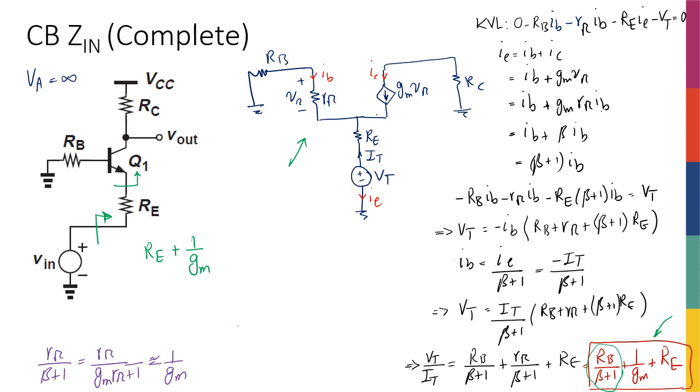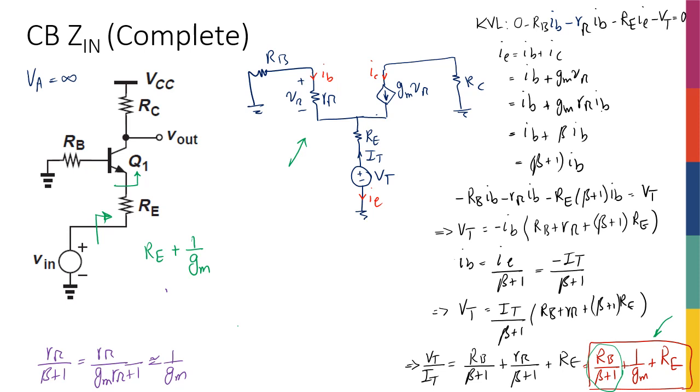This is identical, or you can say the dual, of what we discussed in the common emitter amplifiers, when we were saying that looking into the base, whatever resistance you have in the emitter, you can make it in series with the stuff in the base as long as you multiply them by beta plus 1, right?